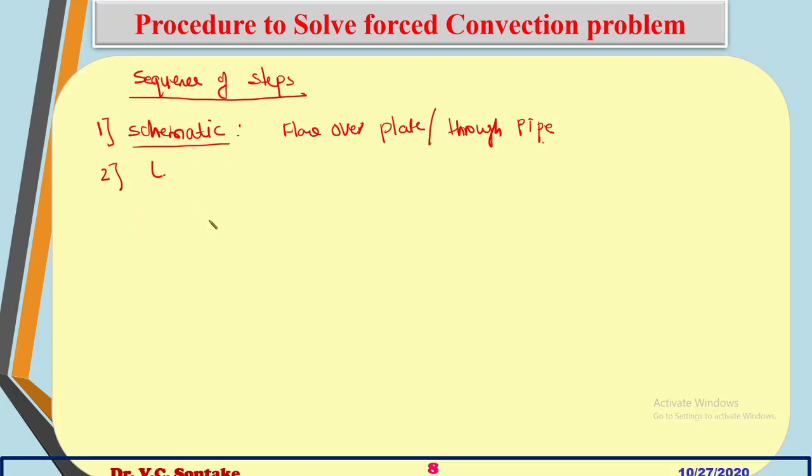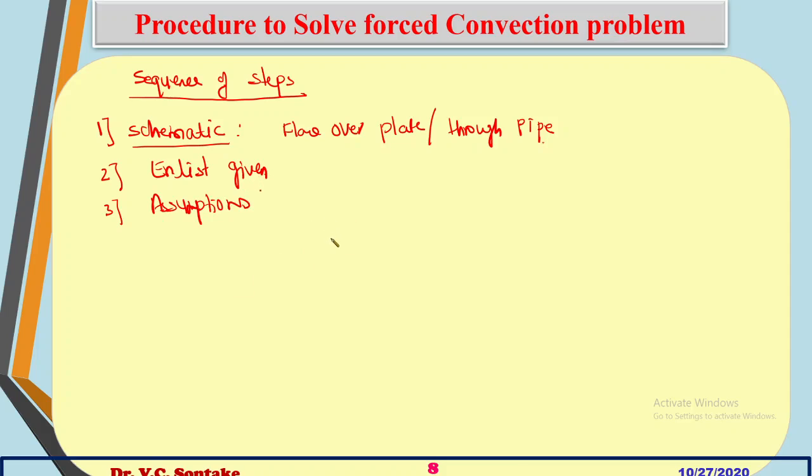Second step is to enlist all the given things. Whatever notations you have followed in the schematic diagram to represent various parameters involved in the convective heat transfer, if their values are given in the problem statement, enlist all those values. Number 3, write down the assumptions involved.